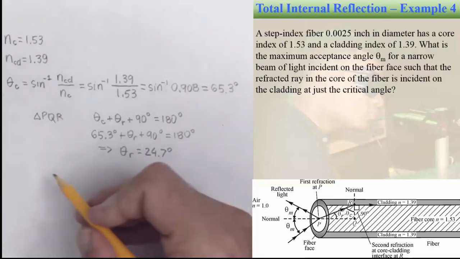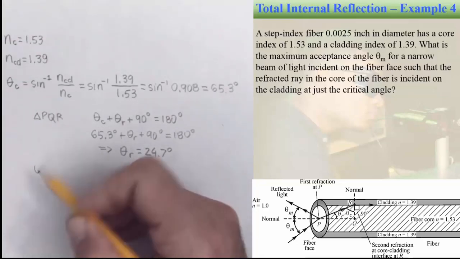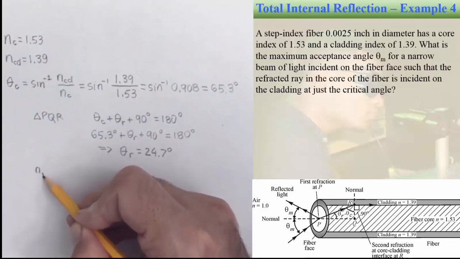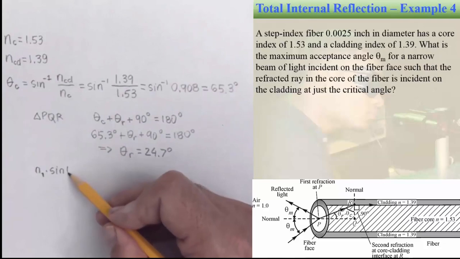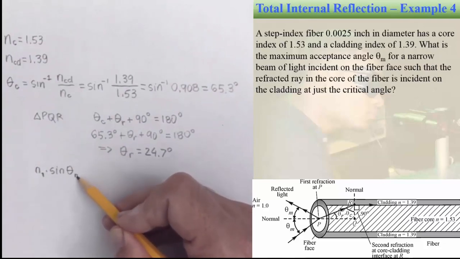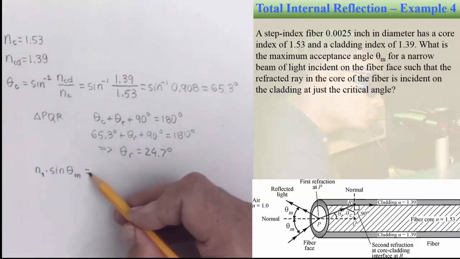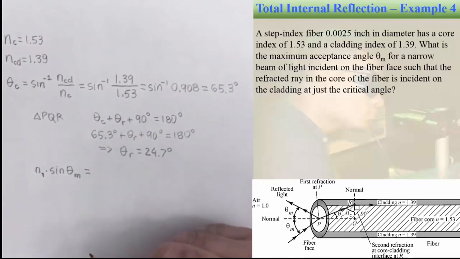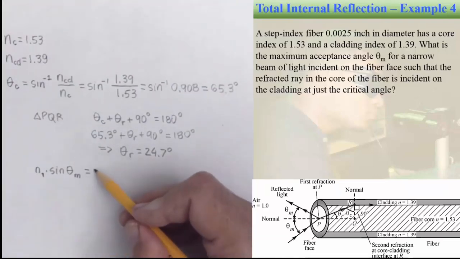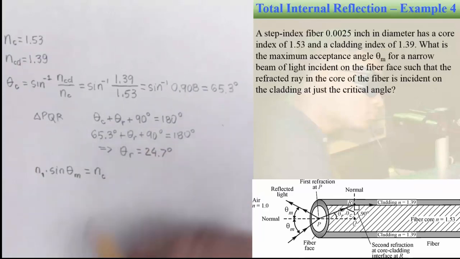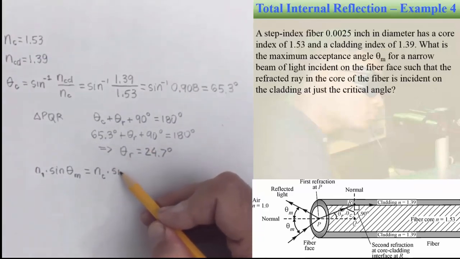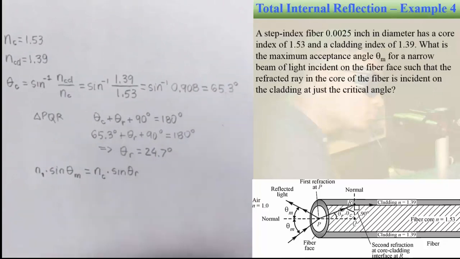Snell's law of refraction at that point is going to be equal to the index of refraction of air times the sine of the incident angle, which in our case is our minimum acceptance angle theta M, is equal to, now what we have in the core, we have the refracted angle theta R, and we also have the index of refraction of the core, which is 1.53. So our index of refraction on the other side in the core is n_c times the sine of the angle theta R.